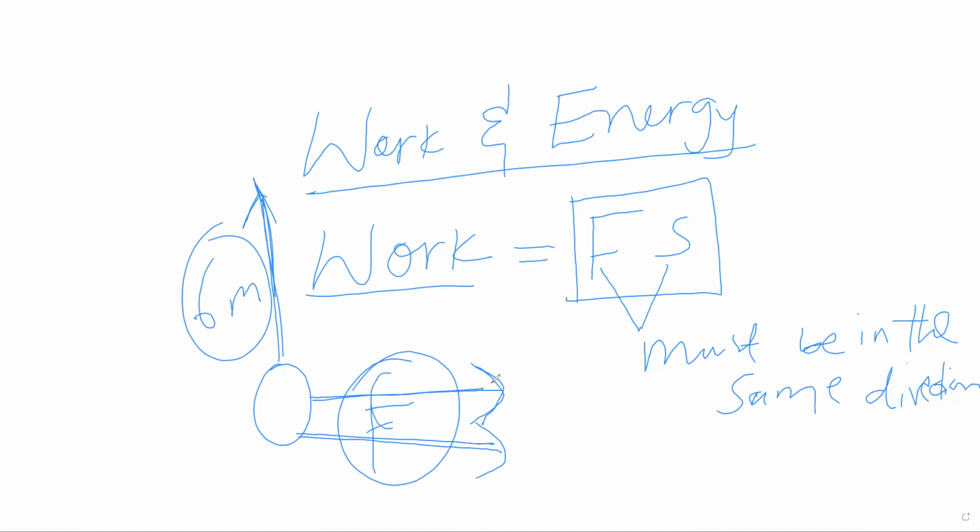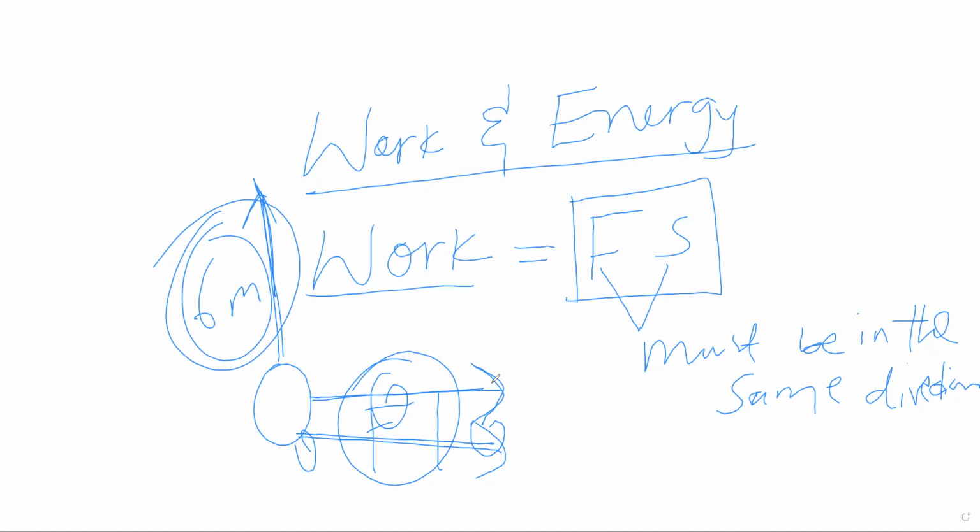So it's this force and the displacement from here to there in that direction, not that one, because that one has no business in this formula. Work is equal to force times displacement, but displacement and force must be in the same direction. If they're not, then we cannot.